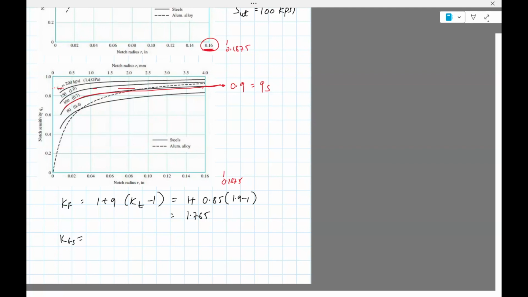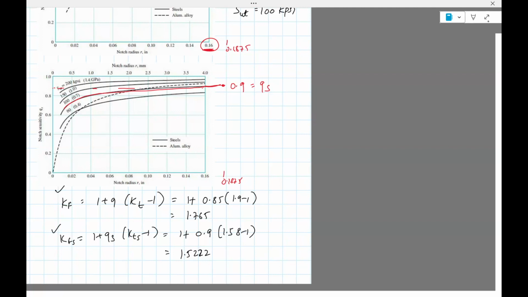And Kfs is 1 plus Qs times Kts minus 1, with Qs computed to be 0.9. Kts was computed in the previous page, it was 1.58 minus 1. This comes out to be 1.522. Okay, we have computed Kf and Kfs.